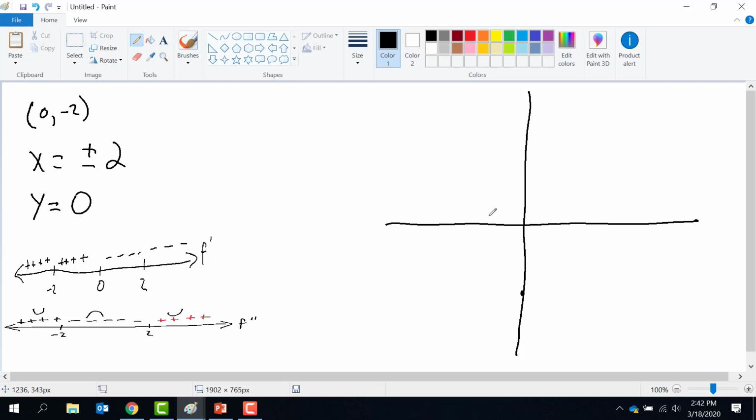We know that we have a vertical asymptote at x equals plus and minus 2, so draw a vertical line there.